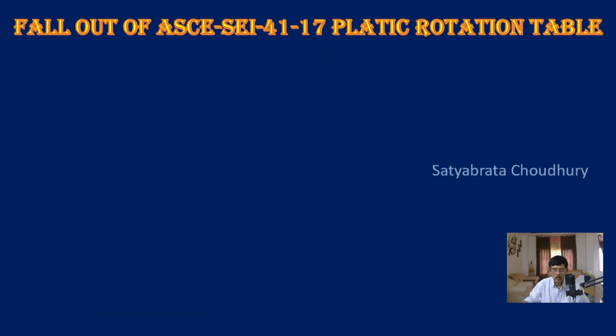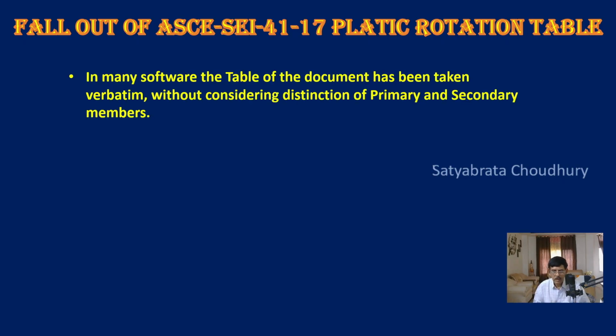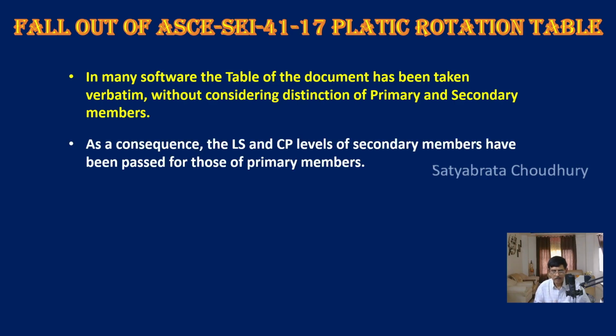Now let us see the fallout of the plastic rotation table given in ACI document. In many software, the table of the document has been taken verbatim without considering distinction between primary and secondary members. But the plastic rotation values for different performance levels for primary members and secondary members are exactly different.